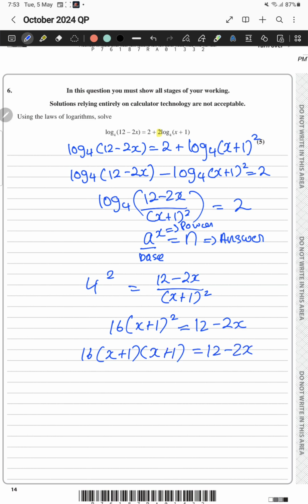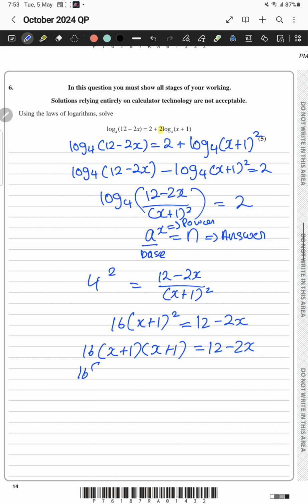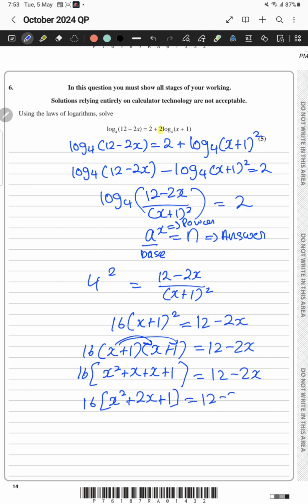Right, 16 times (x plus 1) squared, which is x squared plus 2x plus 1, is equal to 12 minus 2x. This is going to be 16x squared, 16 times 2 is plus 32x, plus 16 is equal to 12 minus 2x.